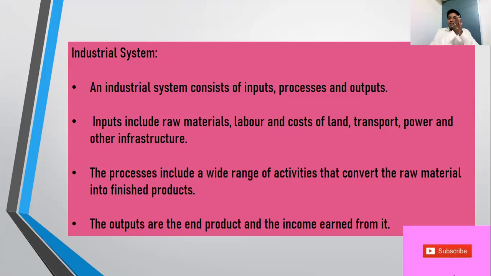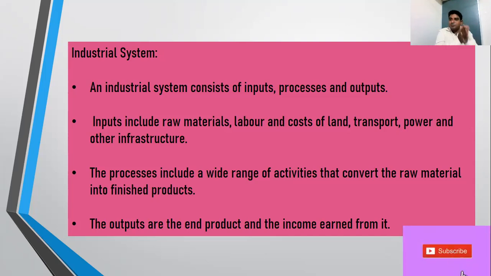You need to give certain inputs, you need to make certain processes happen, and then you get the final outcome. Let us discuss what all comes under inputs. Inputs include raw materials, labor, cost of land, transport, power, and other infrastructure.